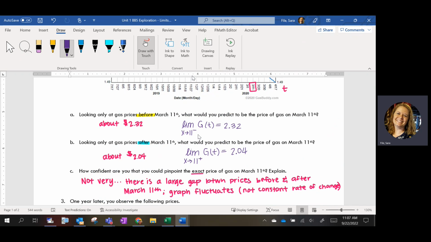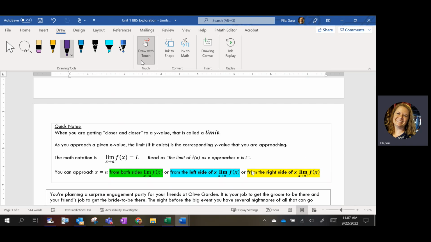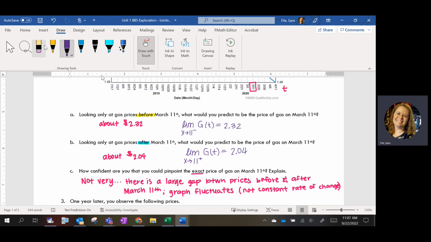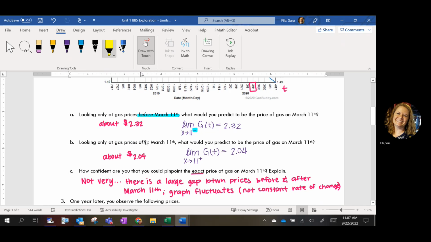Actually, let me highlight those colors to color code that. Left was supposed to be the blue, so let me switch that real fast. Coming before March 11th meant coming from the left, so we used the minus there. And then after meant we were coming from the right, so we did the plus sign there.